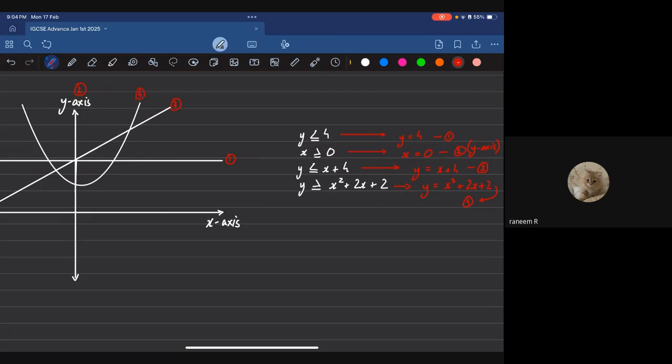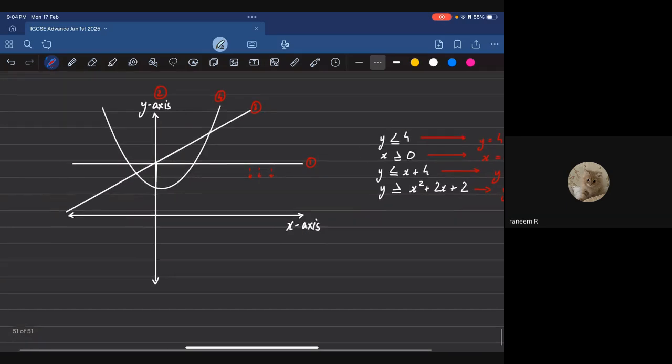Okay. Now I'm going to look at them each individually. The first one says y is less than 4. That means that because it says less than, you have to shade below the line. I always told you if it says y is less than, you have to shade below the line. So we're going to shade below the line. It says, secondly, x is greater than 0.